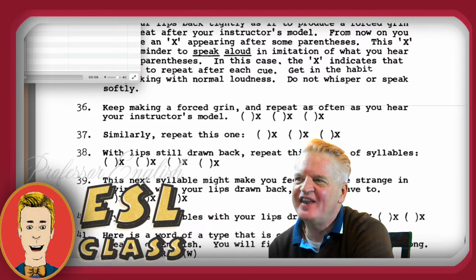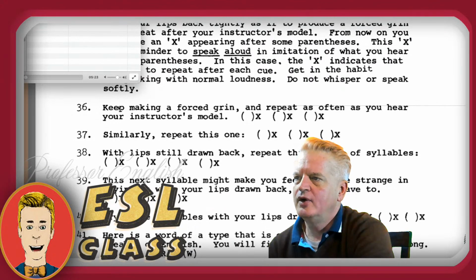Wie, the. Wie, the. 37. Similarly, repeat this one. Geht, gate. Geht, gate.